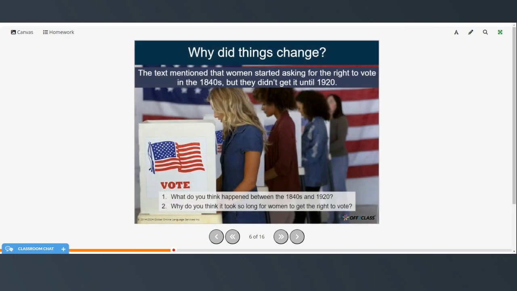So the text mentioned that women started asking for the right to vote in the 1840s, but they didn't get it until 1920. So what do you think happened between the 1840s and 1920? And why do you think it took so long for women to get the right to vote? So those are just some questions to think about.